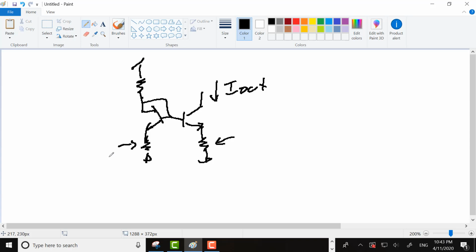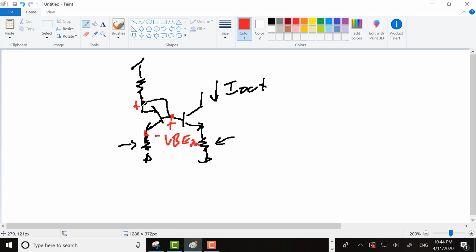The calculation to find, so remember that because with BJTs, the voltage from here to here is always approximately VBE on.